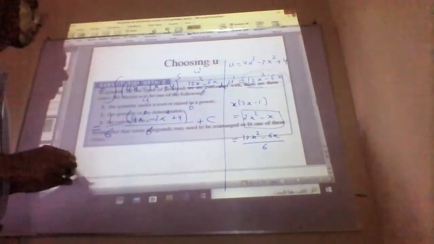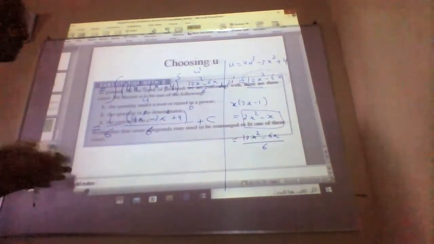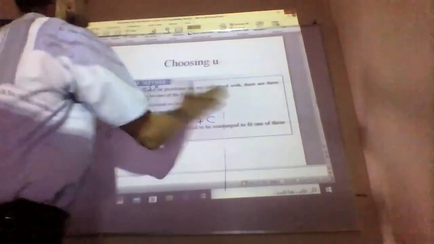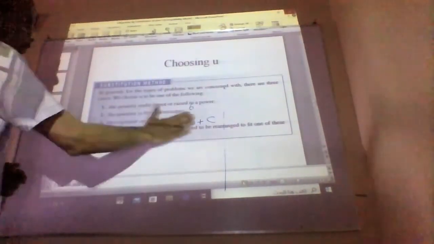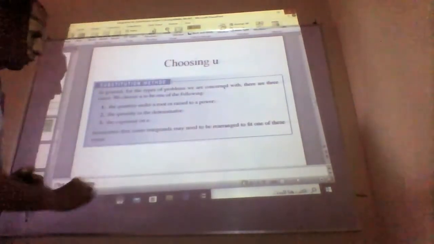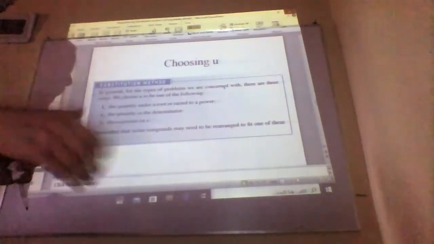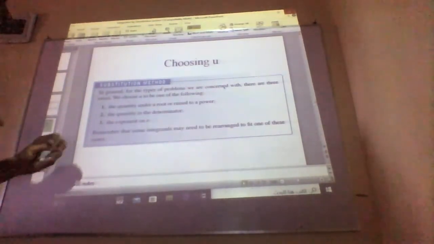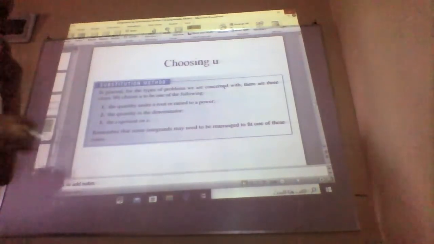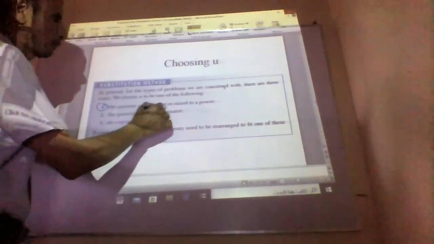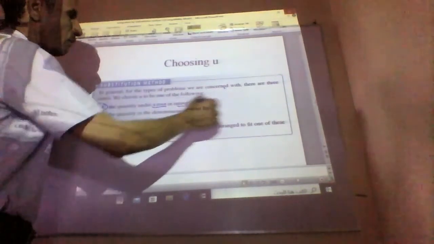Now we have a general rule to find u. How can we choose the function u, which is a differentiable function with respect to x, to help us do our integration? We choose u in 3 types. First, the quantity under a root or raised to a power.